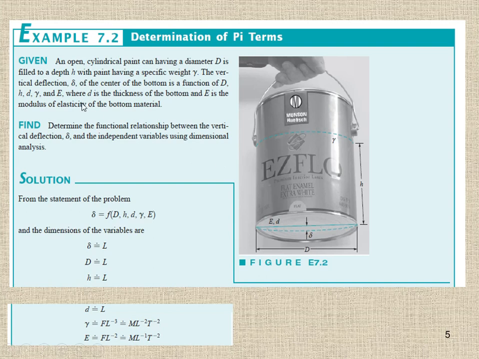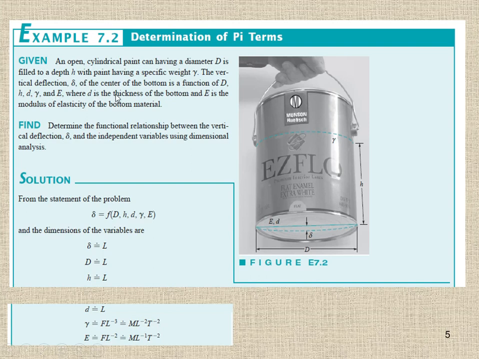So the small delta is the deflection of the center of the bottom, and it is a function of the diameter D, the height h, d, gamma and E.